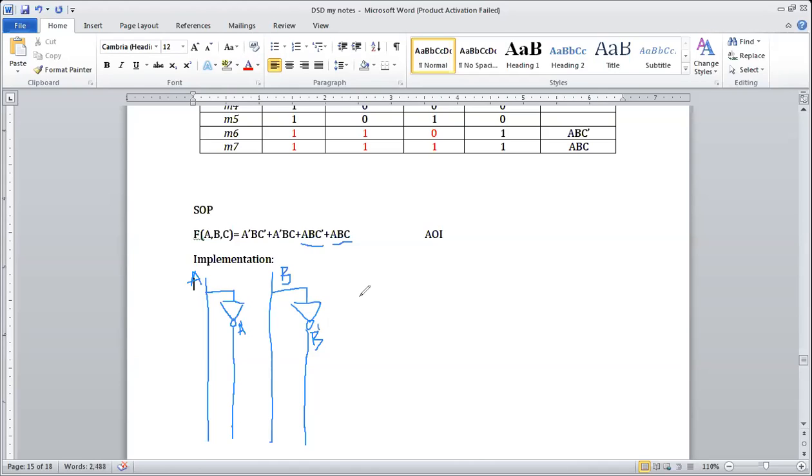B bar. Then again, this is C. I'll take one more line here with a NOT gate, and this is C bar.